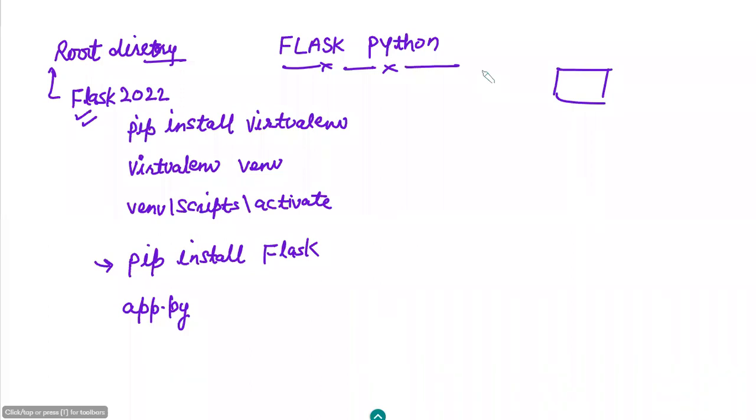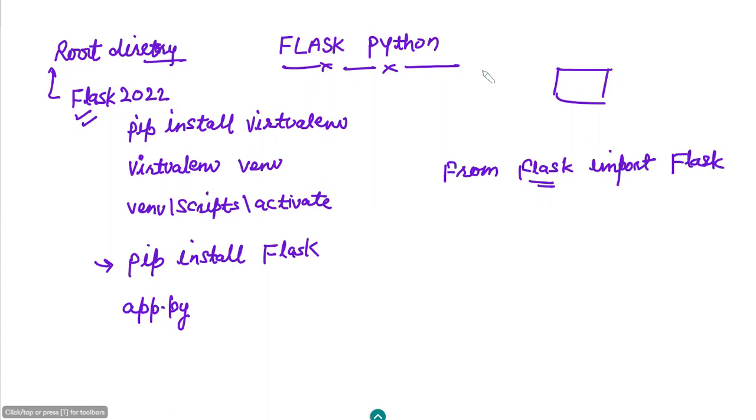After all, write some short code: import the Flask library, from flask import a method, that is Flask. So this is the library, and this is the method which we are going to import from this library.